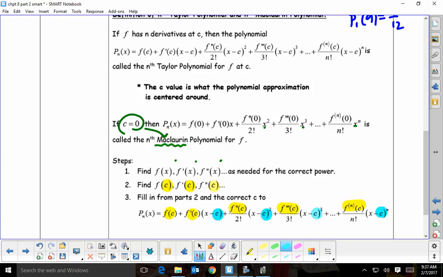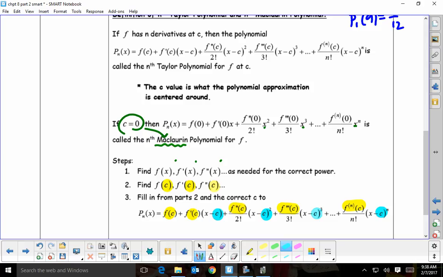First term is f of C, plus f prime of C times x minus C. Next term, plus f double prime of C times x minus C squared over 2 factorial, plus f triple prime of C times x minus C to the 3rd over 3 factorial.